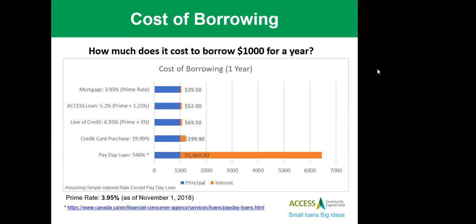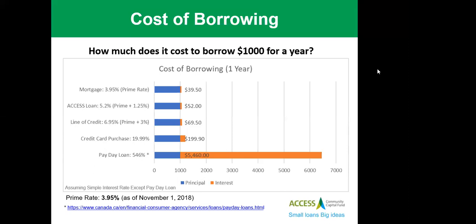This means that if you borrow $1,000 in a year, you have to pay $5,460 interest. So that's very expensive. For more information, I suggest you look at the website. I have included the link below, so just click it to learn more about payday loans.